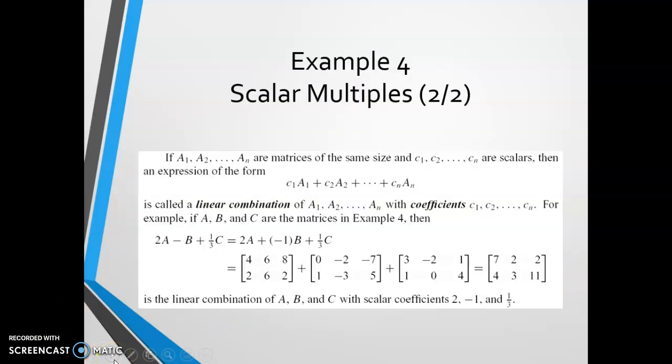Okay, next, scalar multiples. Okay, let's say this is the question 2A minus B plus 1/3C, equals A plus bracket negative 1B plus 1 same. So you just put everything in the system.